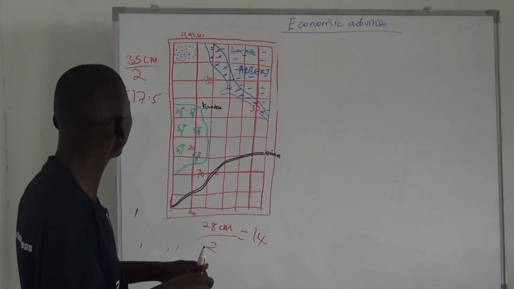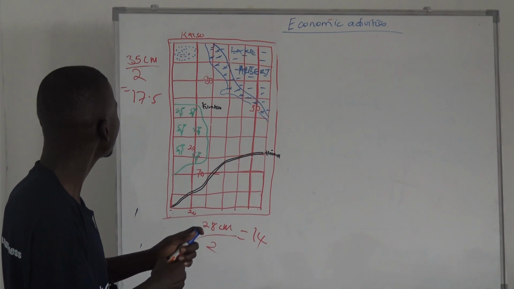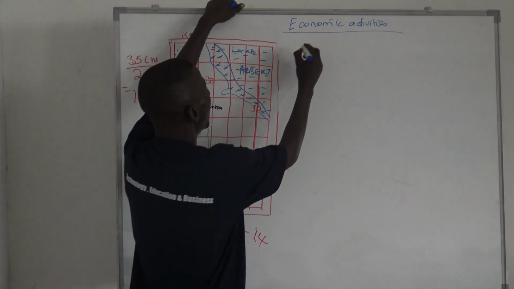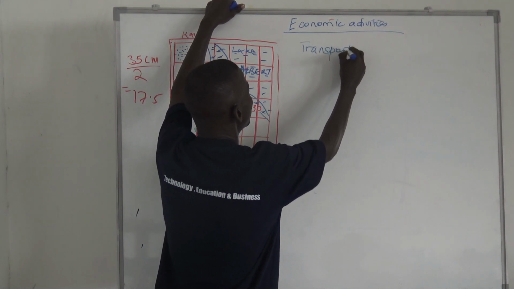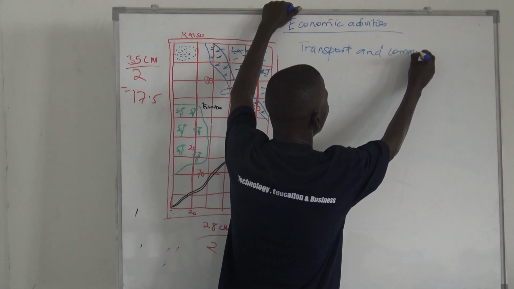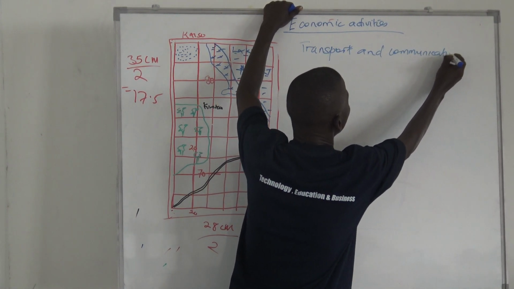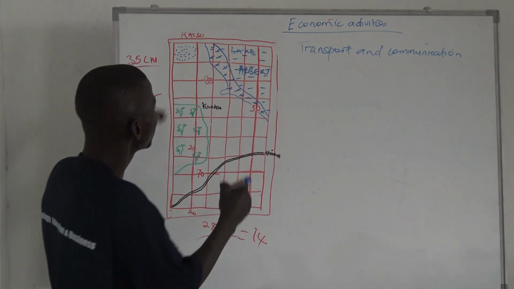According to KAISO map extract, I am seeing that there is transport and communication. That's another economic activity.